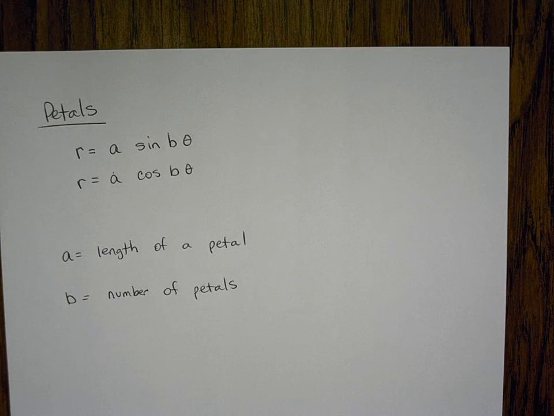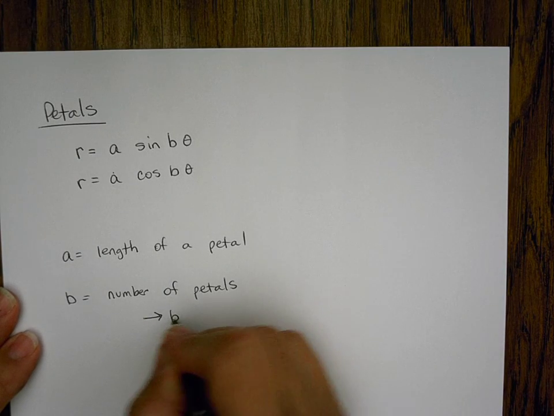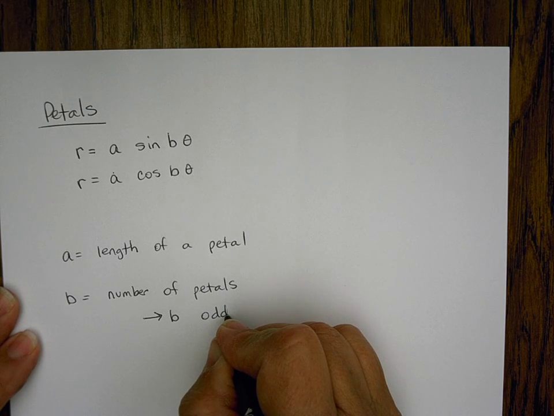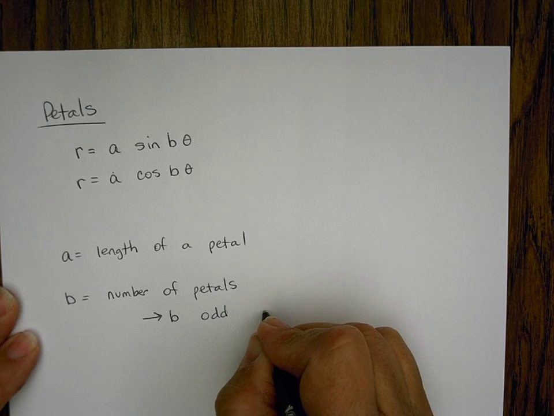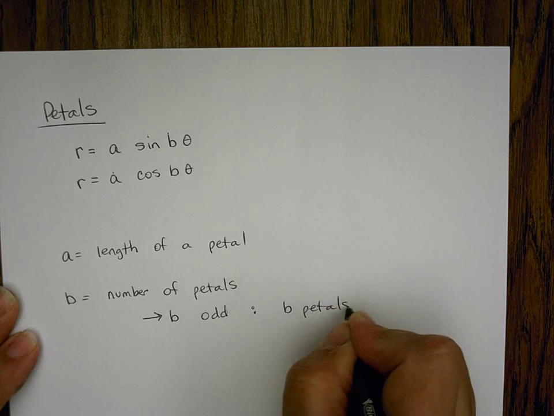Anybody notice anything about, is the number in the equation always the number of petals? No. Evens are what? Twice. Double. So then we have to write that down, that if B is odd, then we have B petals.